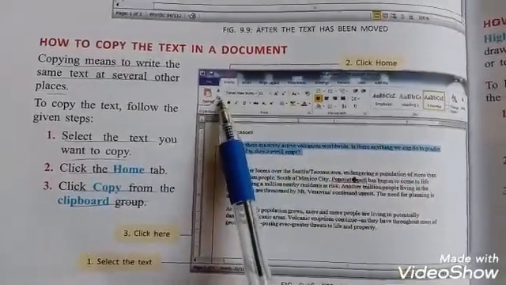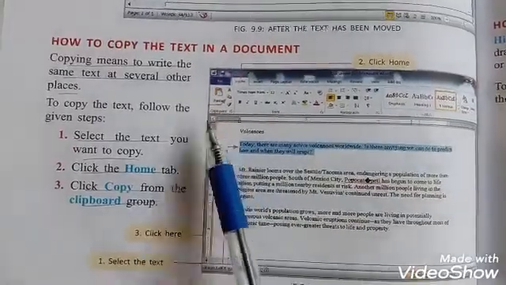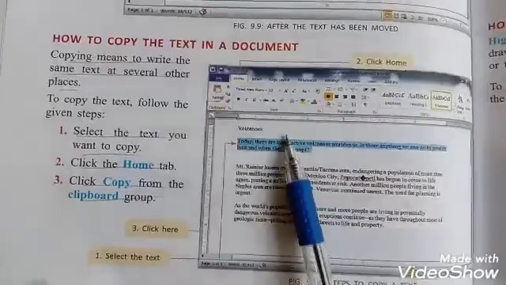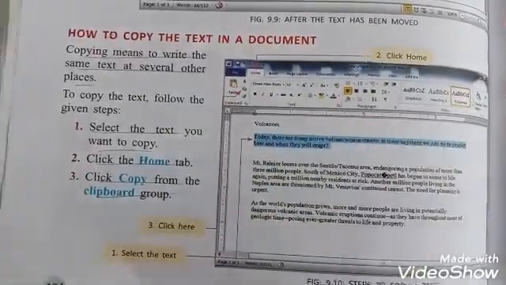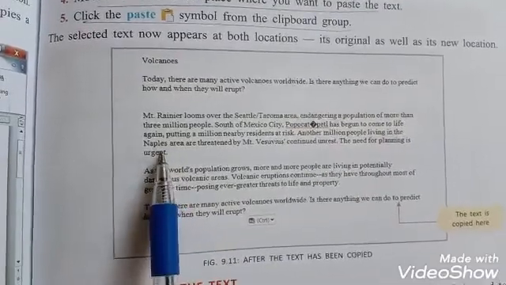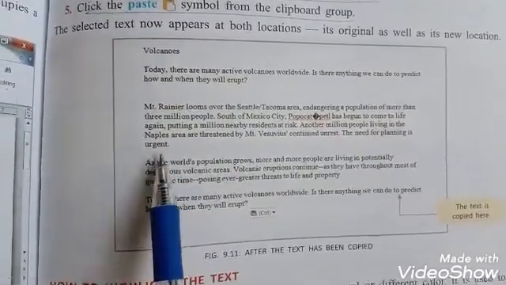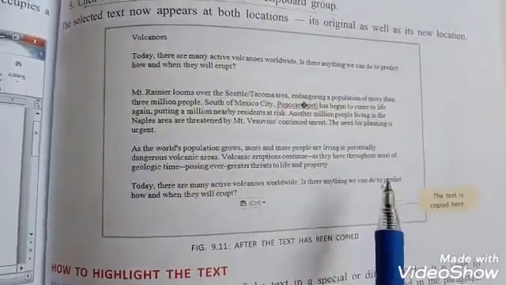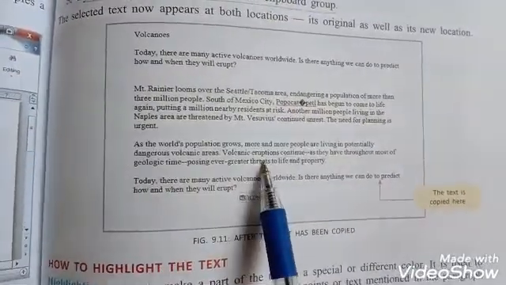Click the Copy option from the Clipboard group, and now move the cursor to the place where you want to paste this text. After selecting the new position, click the Paste symbol from the Clipboard group. The selected text now appears at both locations, its original as well as its new location.